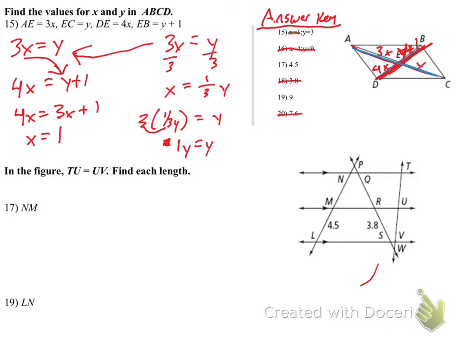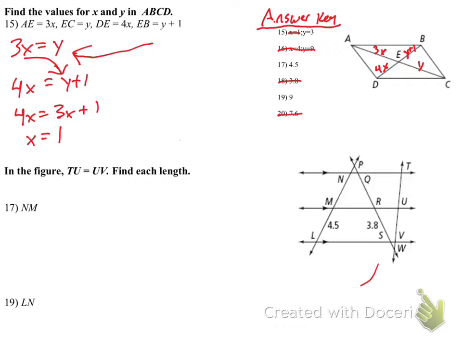Hold on one second. All right, so after thinking about it for a little bit, after we found x is equal to 1, what we can then do is actually just plug it in to wherever we see x, okay? So 3 times 1 is going to be 3. And then 4 times 1 is going to be 4, right? So there's two ways we can find our answer for what is y.